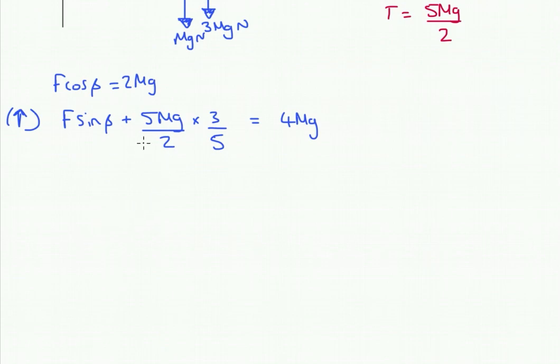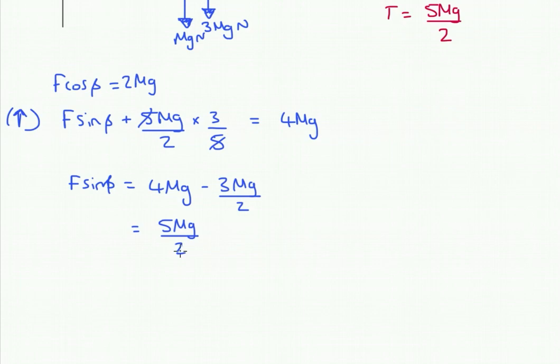If we simplify that, the 5's will cancel, and we'll have F sine beta is equal to 4 mg minus 3 mg over 2. 4 minus 3 over 2 is going to be 5 over 2, so 5 mg over 2.